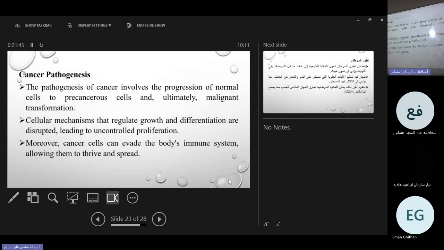The pathogenesis of cancer involves the progression of normal cells to pre-cancerous cells, and ultimately malignant transformation. Malignant, bad.